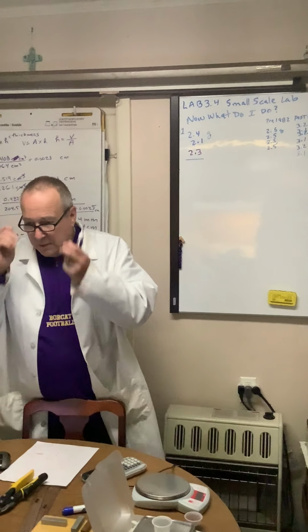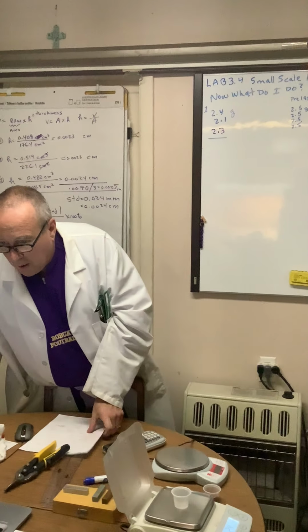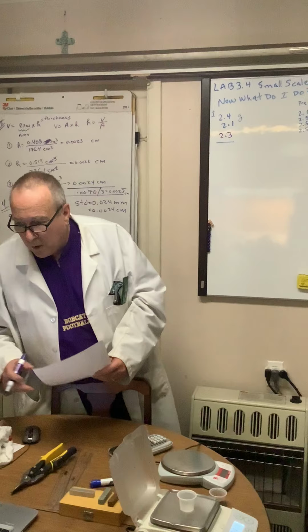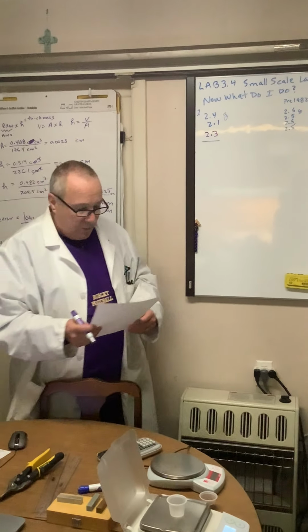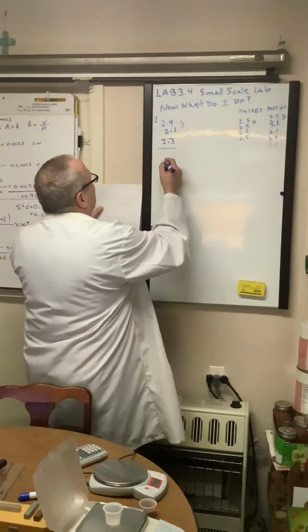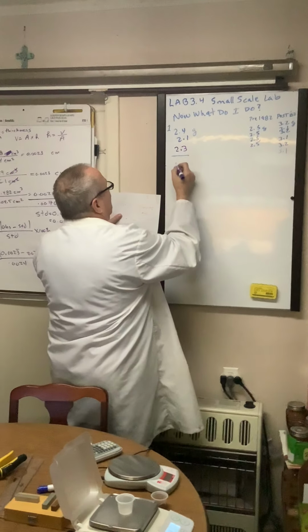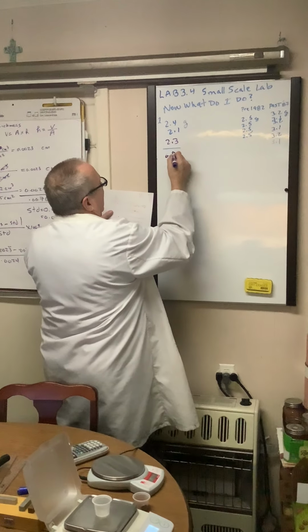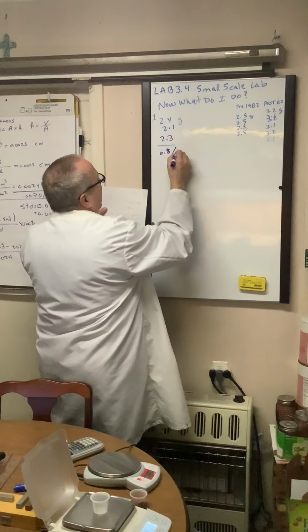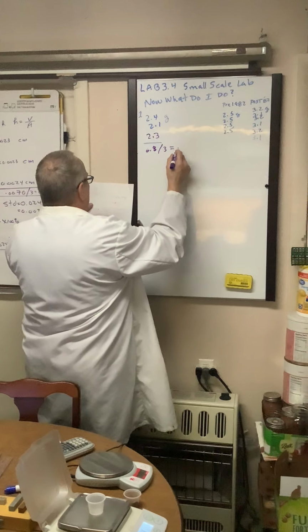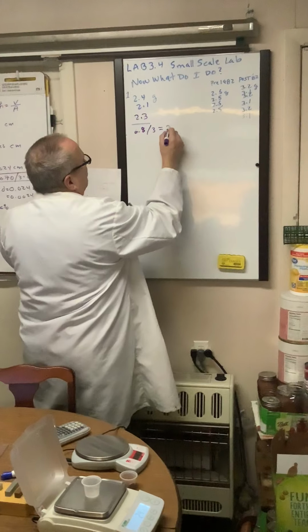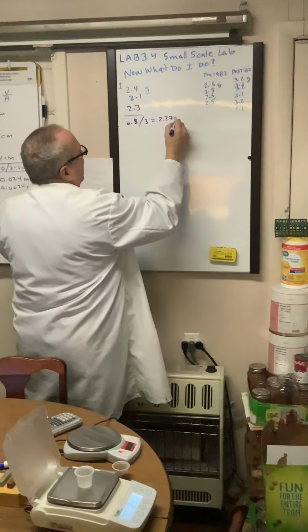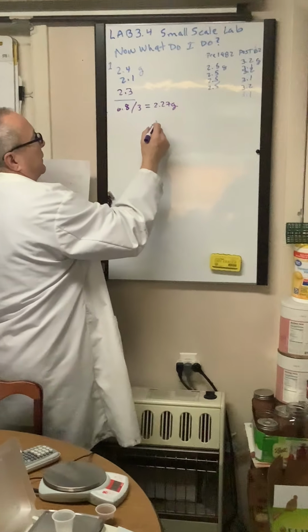It asks me to divide the mass of the water by the number of drops. So if you add these up, you get 6.8. And if you divide that by 3, that gives me an average mass of 2.27 grams per 50 drops.